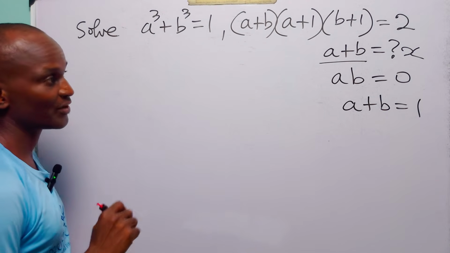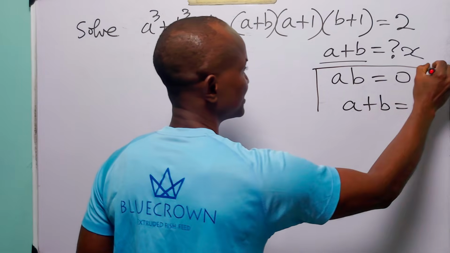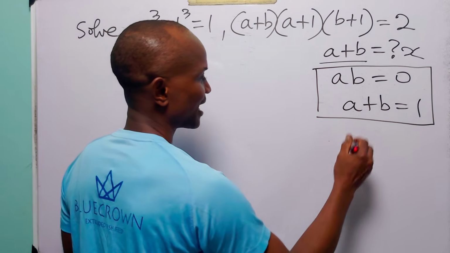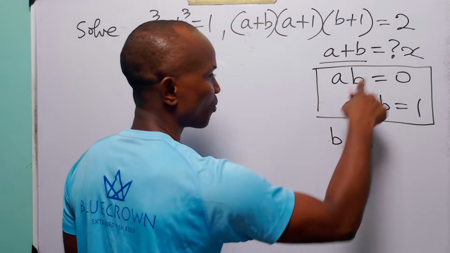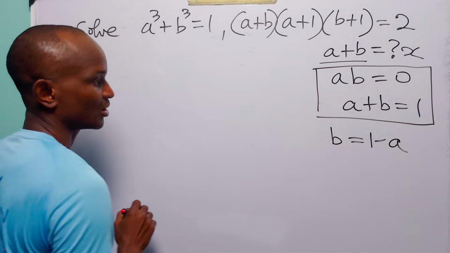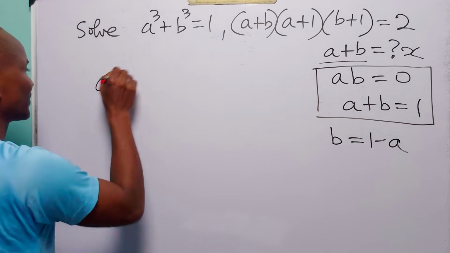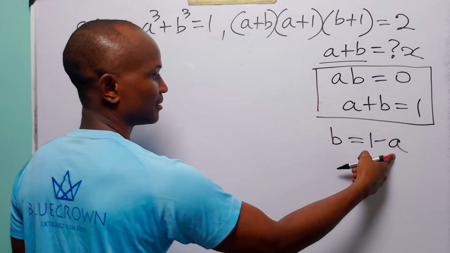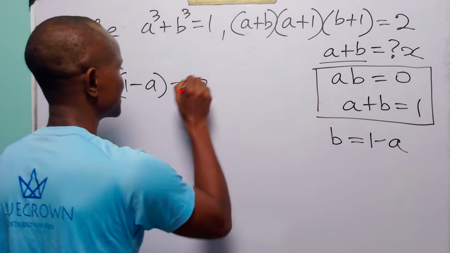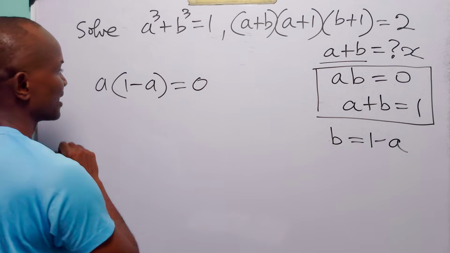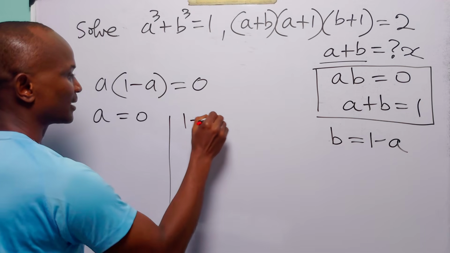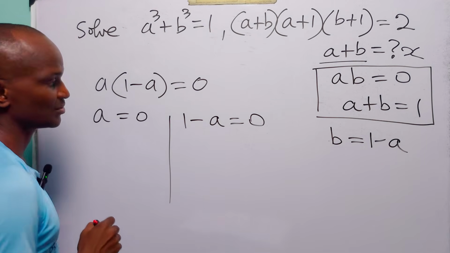Now, to find the values of a and b, we solve these two equations simultaneously. From the second equation, we have that b is equal to 1 minus a. Substituting into the first equation, we have a times b is equal to 0. And of course, from here we have that either a is equal to 0 or 1 minus a is equal to 0.